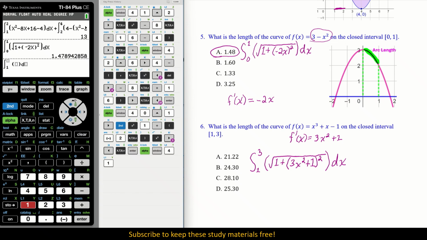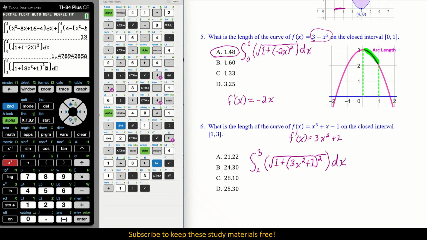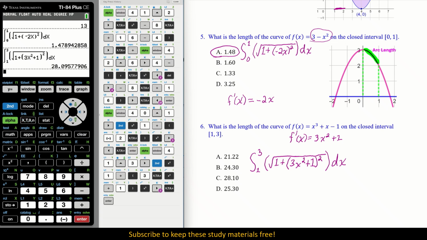All right, so 1, go up to 3, and then second radical, grab that radical, 1 plus parentheses, that gives me 3x squared plus 1, close my parentheses, square it, go over, put in my x for my dx, and double check that I have actually entered that correctly, and it looks good. So push enter. And yes, with a little rounding, we have option C.